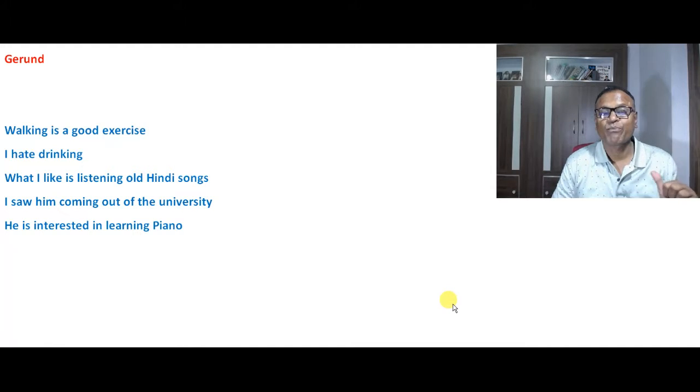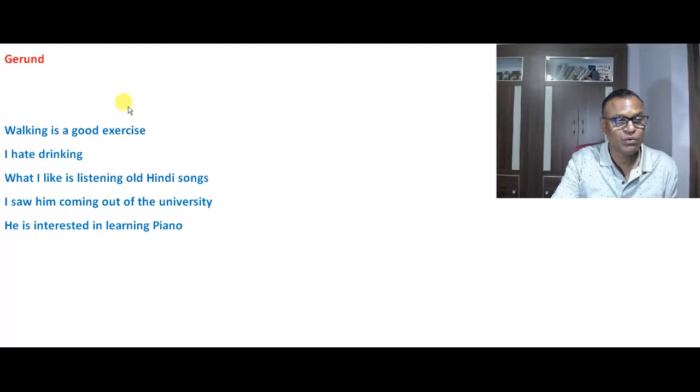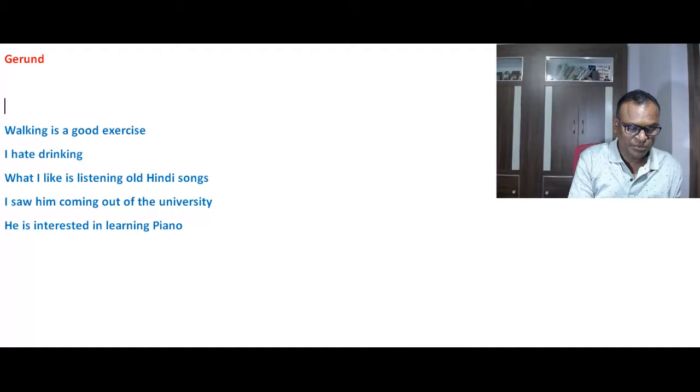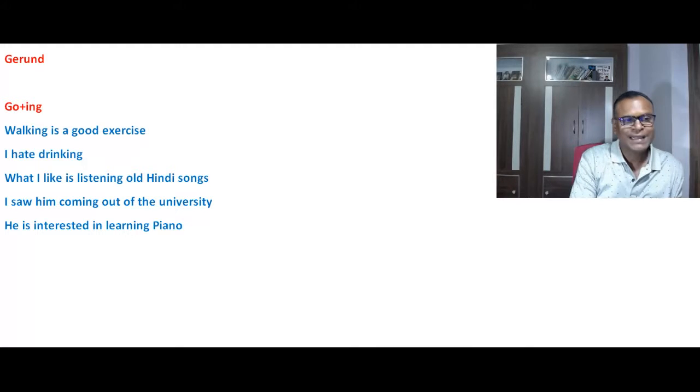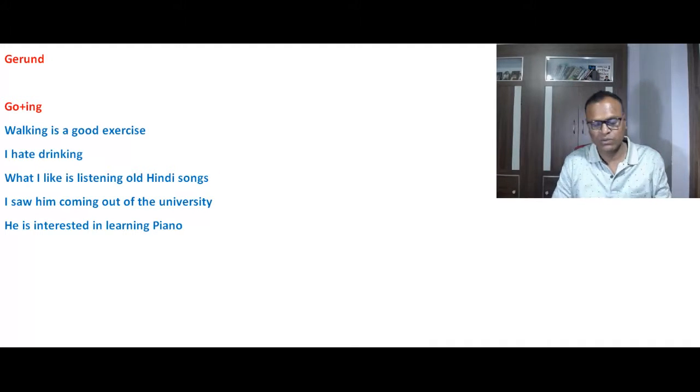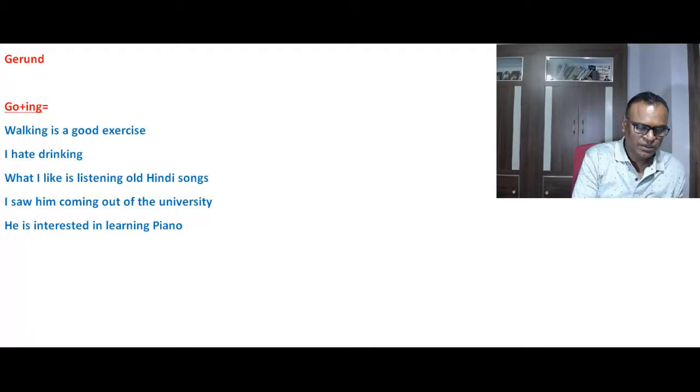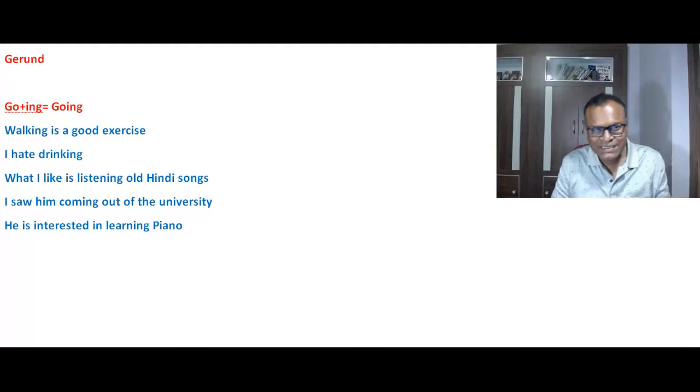And you know the first form of verb. If we take any verb here, like suppose I say go, and when ing is added to that word, then it becomes going. It is V4.